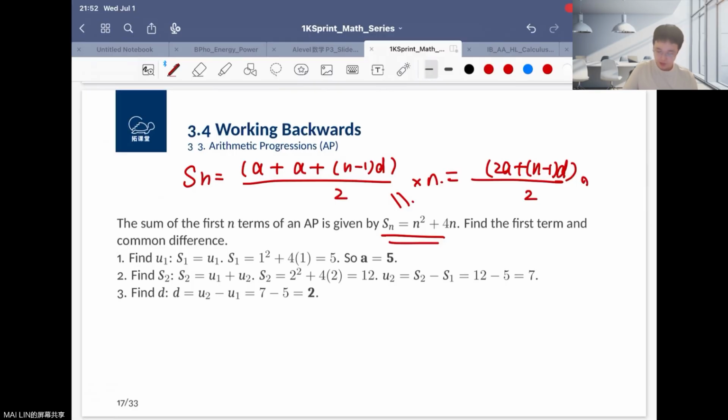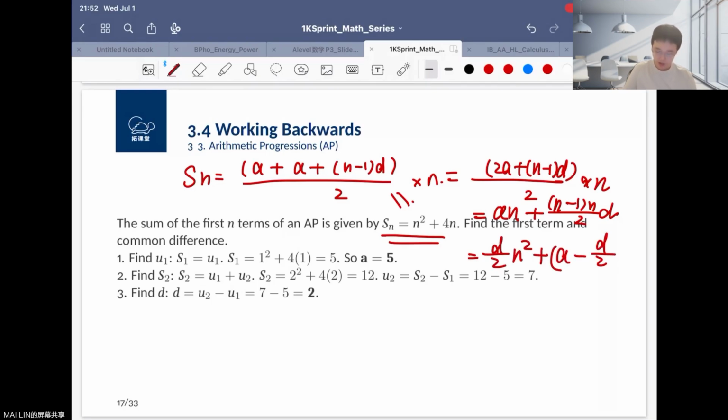So you can expand the equation, that is a plus d over 2 n, right? And then d over 2 n squared, and plus a minus d over 2 n, right?